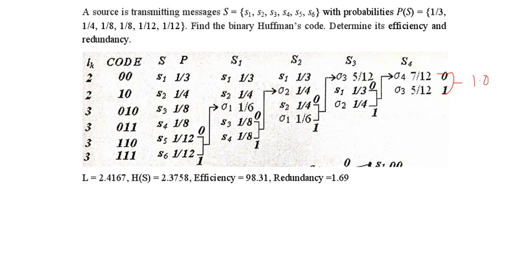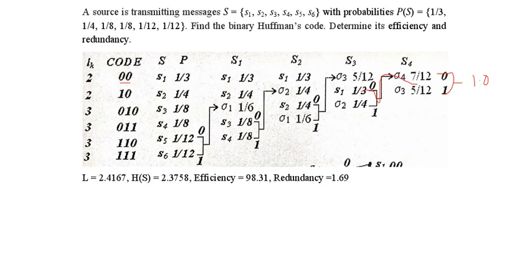Okay. Now reading. So 1/3, if I read, it was something like this: 0 0 is the code corresponding to S1. Till stage 2, we are not using S1. After stages 3 and 4 only we are decomposing the S1 symbol.